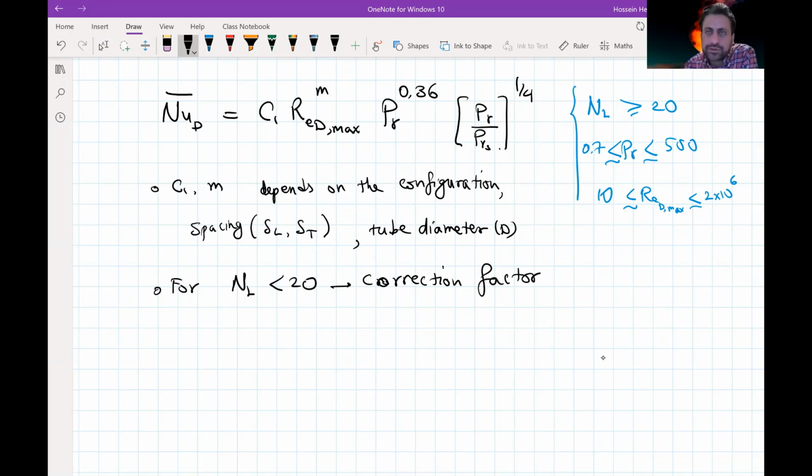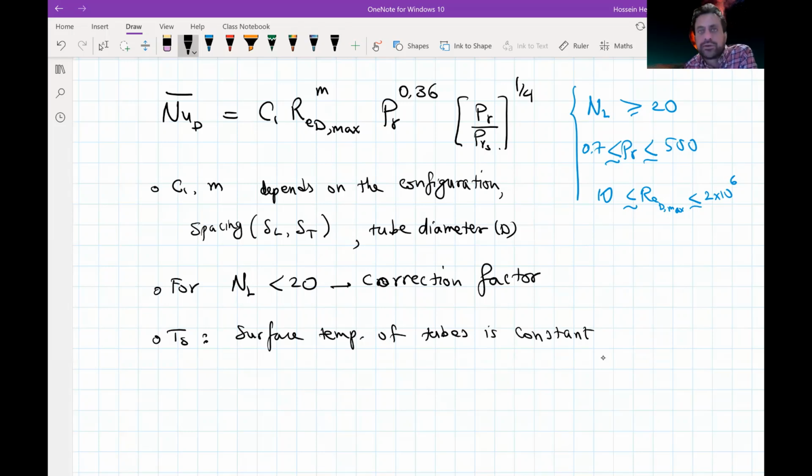Another assumption that we are making here is that the surface temperature of the tubes is constant. So all the tubes have the constant temperature of Ts.